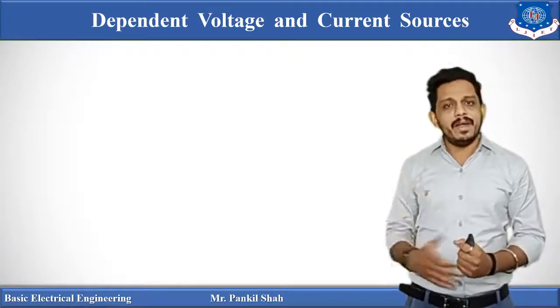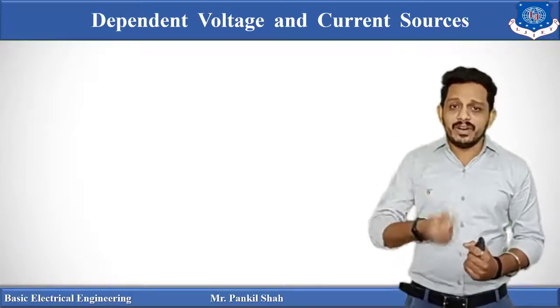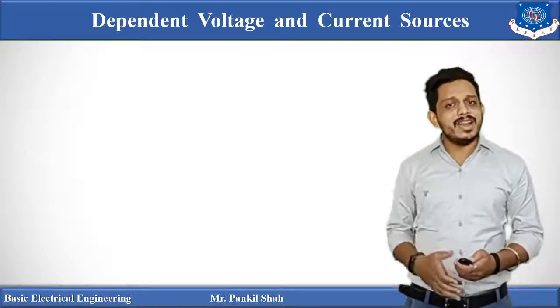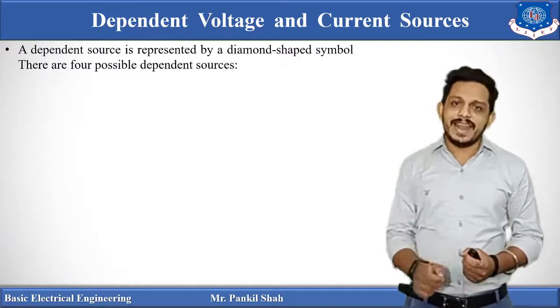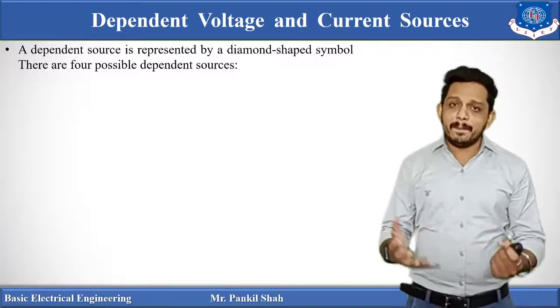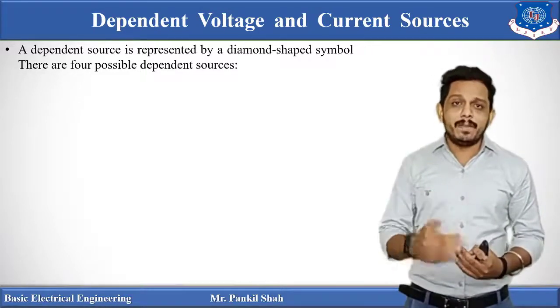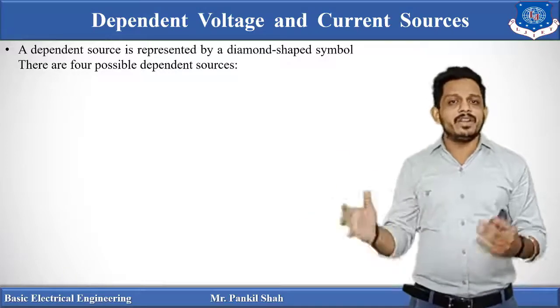In case of independent source, we were using a circle or round shape, but to differentiate it from the dependent source, we are using a diamond shape. So the diamond shape represents a dependent type of source, which is nothing but a source whose value depends upon some other parameter of that circuit.